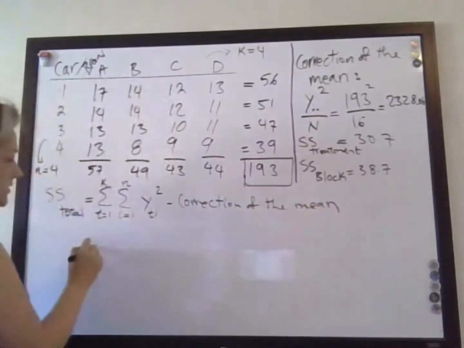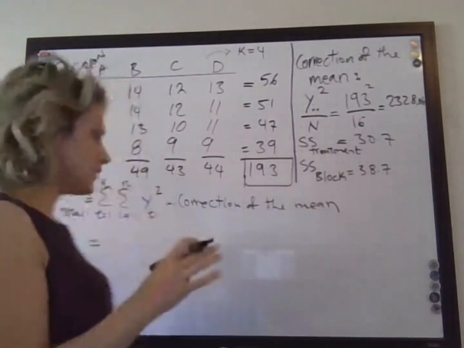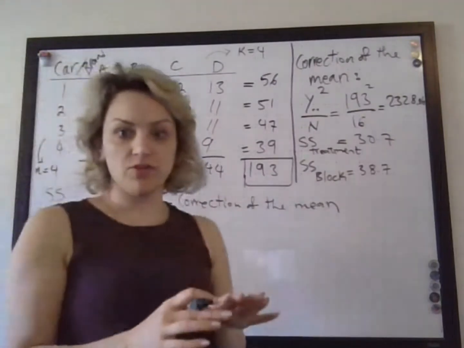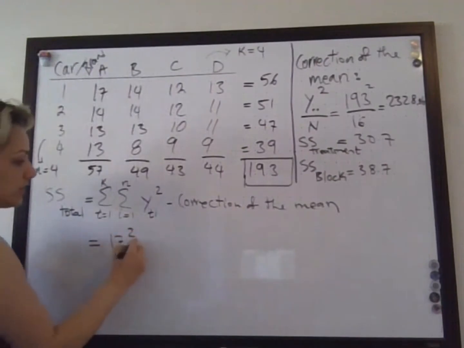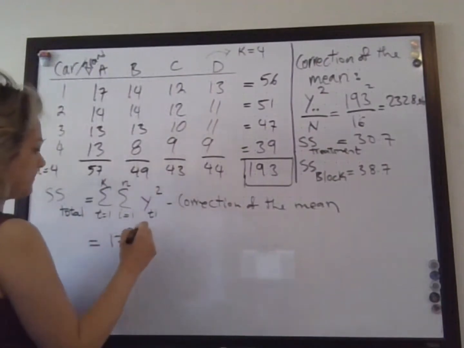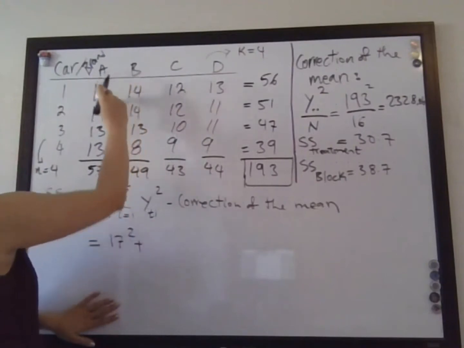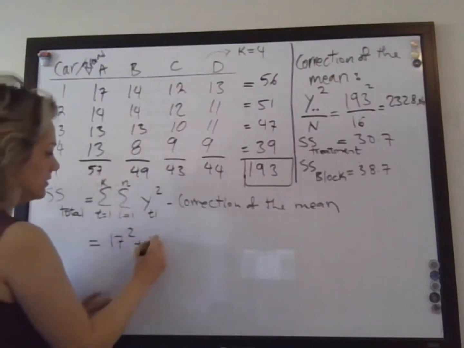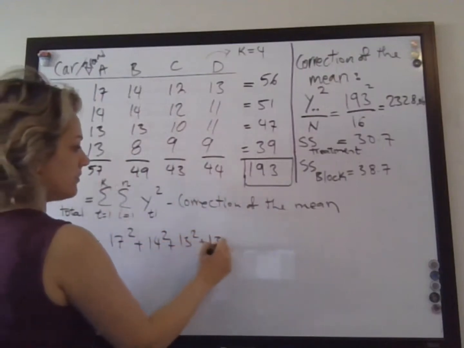The logic is very interesting. It's exactly the same. I would take each of these observations, whatever you have, and square it. So I would write down 17 squared plus 14 squared, 13 squared, and so on.